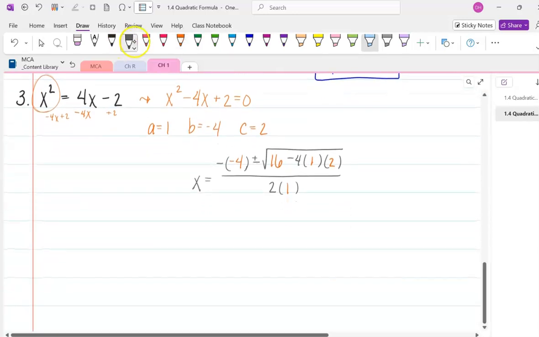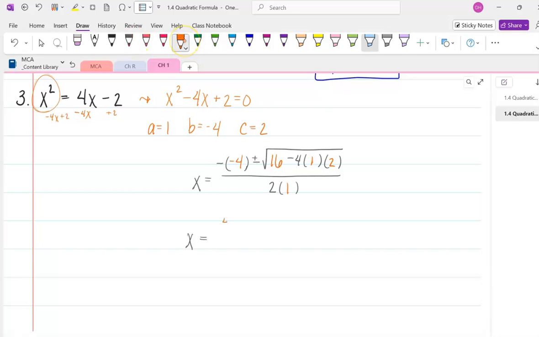From here, you're just going to reduce just like we did earlier in the previous problems. Double negative turns positive. And then you've got plus or minus. In your calculator, type in 16 minus 4 times 2. And you get 8. So we've got the square root of 8 all divided by 2.